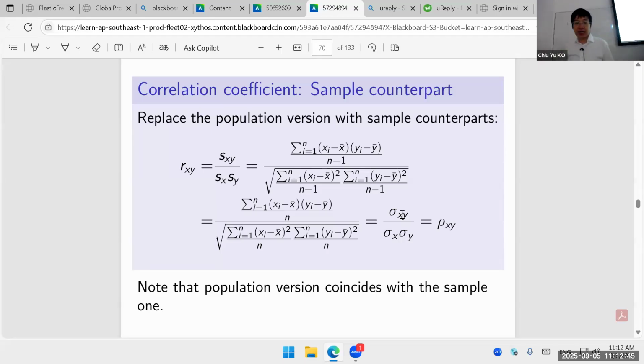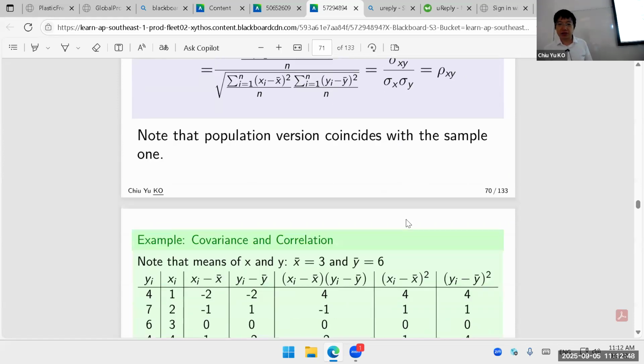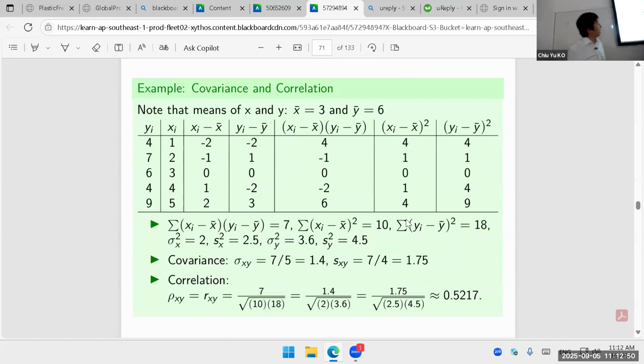So before we end, there's 3 minutes left. So let me convince you. Looking at the example first, and then we'll convince you why we need it. So this data, this y and x. You can calculate the mean of x is 3, mean of y is 6. You subtract x from the mean, subtract y from the mean, and you multiply them, and the third and the fourth column give you the fifth column.